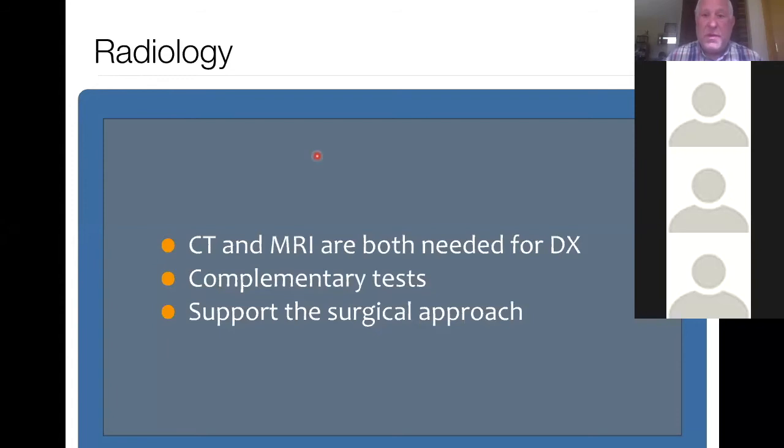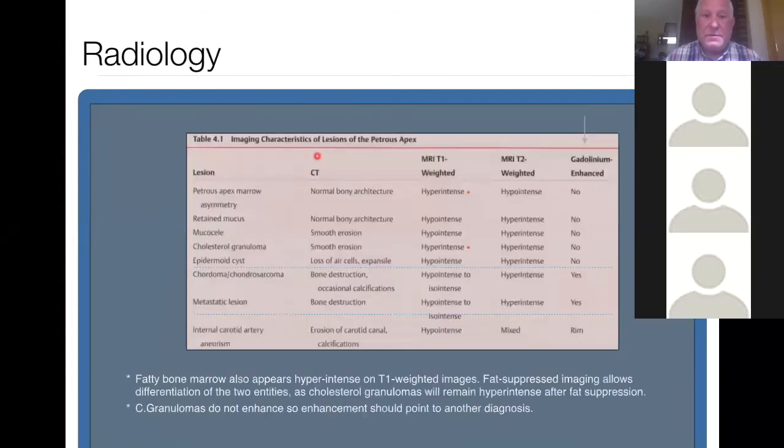And we'll talk about that in a few minutes. This is a great chart. I think the key to this is, we're comparing CT scan and T1 and T2 MRI. Here's the pathology. And I think the most important thing is to look at whether or not there's enhancement with gadolinium.